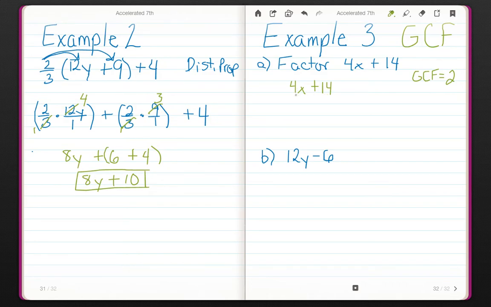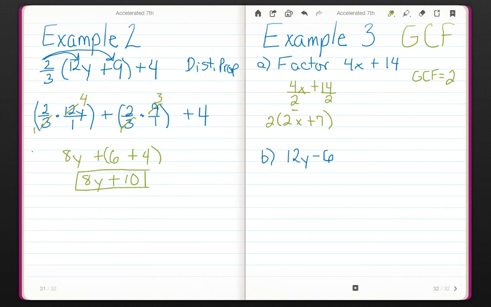I'm going to remove 2, or divide both numbers by 2. But I can't just get rid of them. So my problem becomes 2 times (2x plus 7). 14 divided by 2 is 7. 4x divided by 2 is 2x.